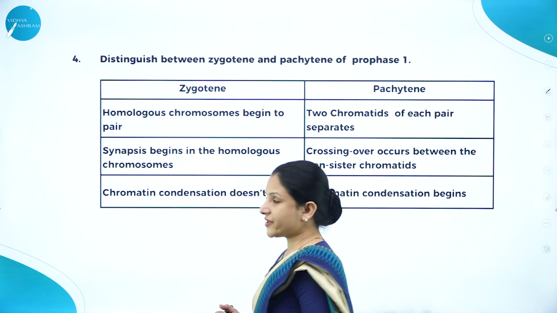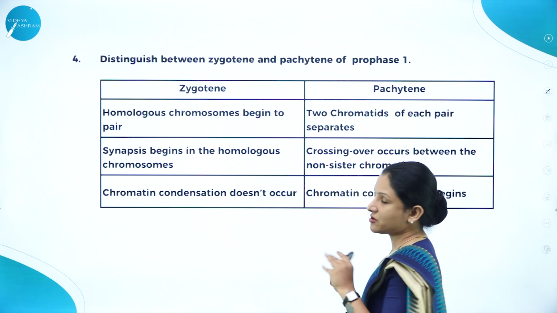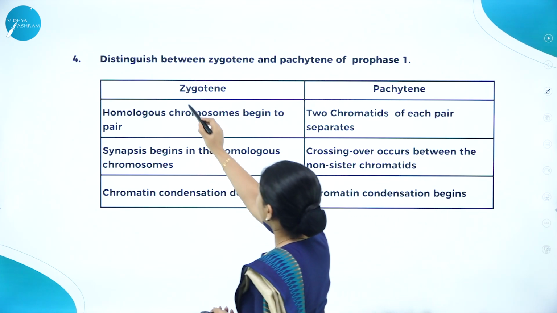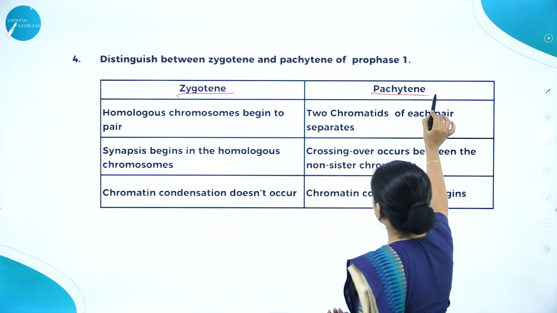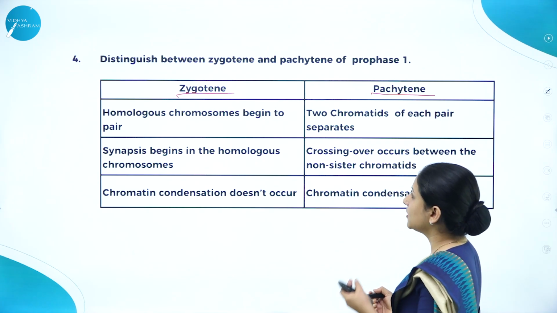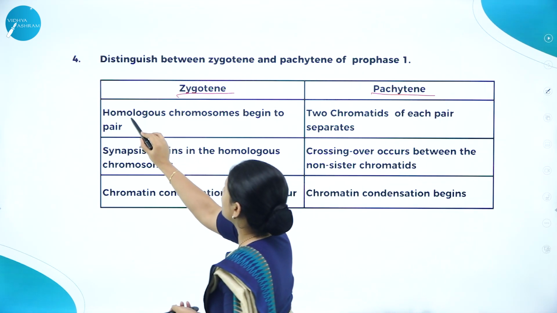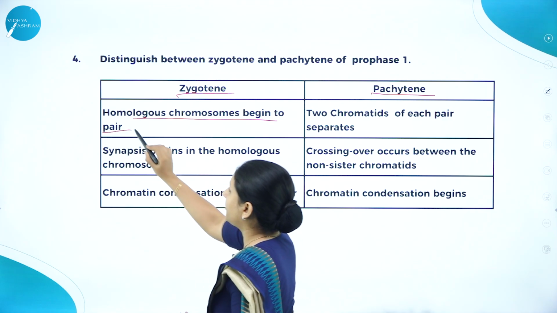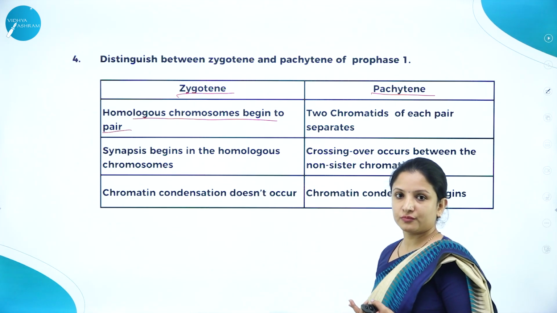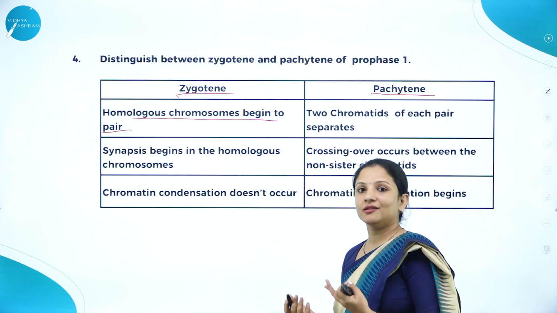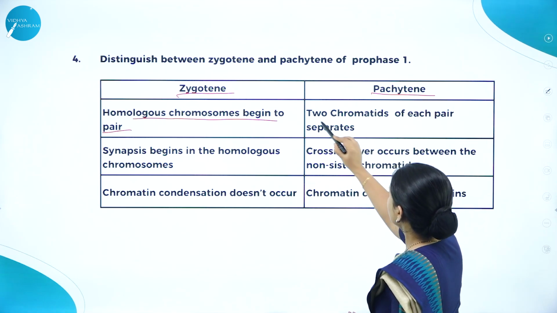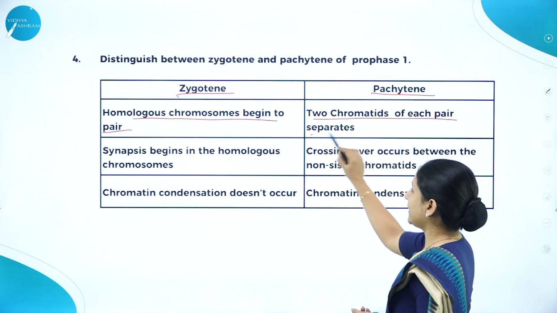Because the question is distinguish between, we need to make 2 columns. On one side you write zygotene and on the other pachytene. Now let's write the differences. In zygotene, the homologous chromosomes begin to pair, meaning the chromosomes which carry the same genetic material tend to pair. In pachytene, the 2 chromatids of each pair tend to separate.